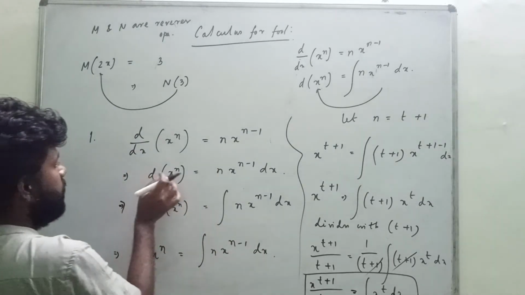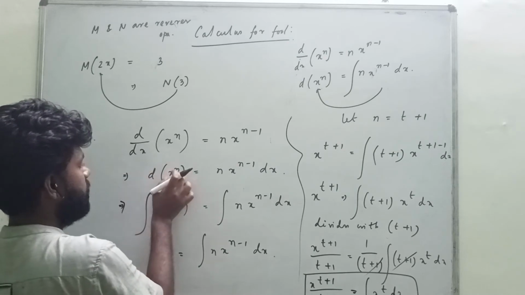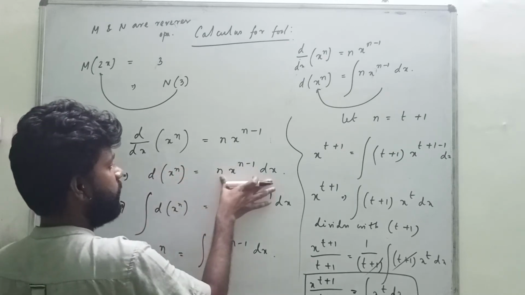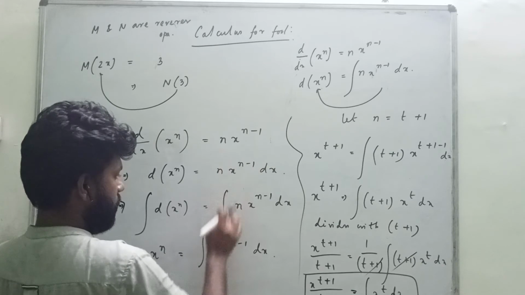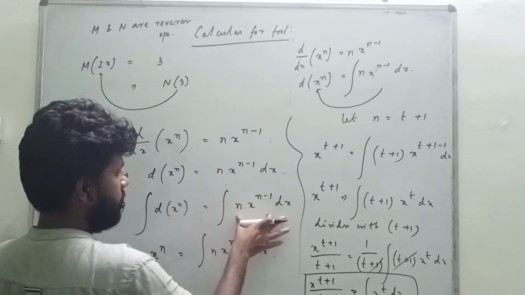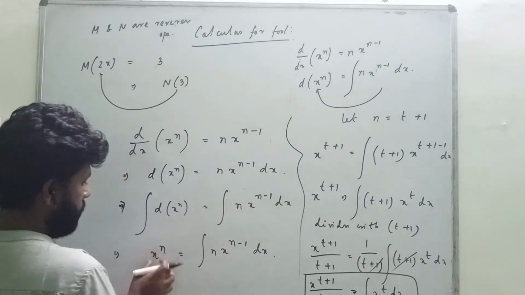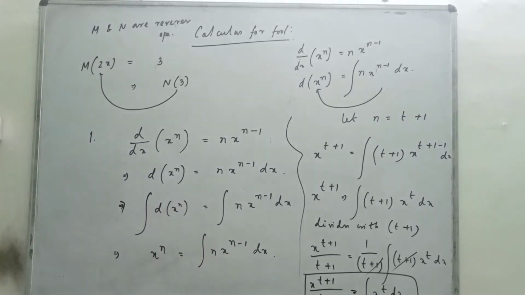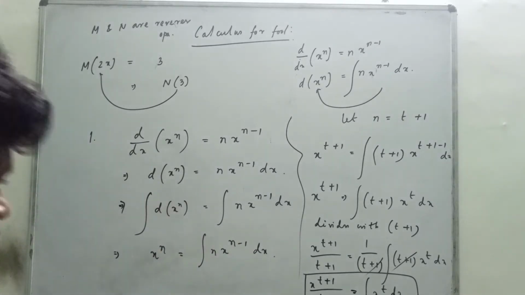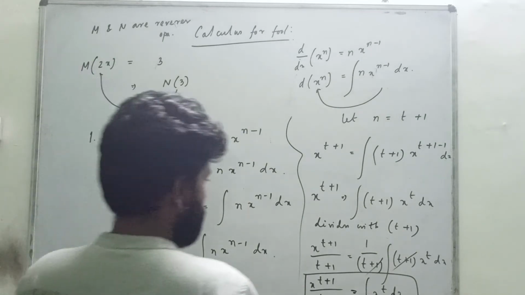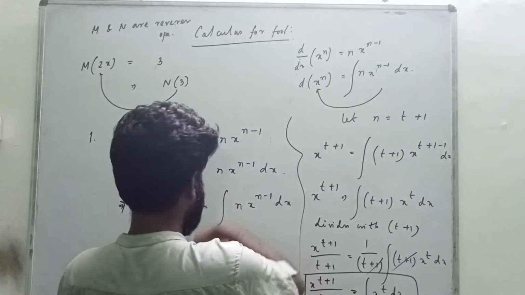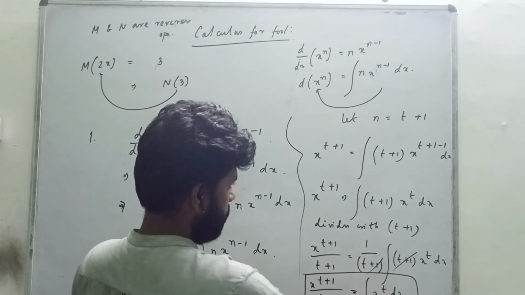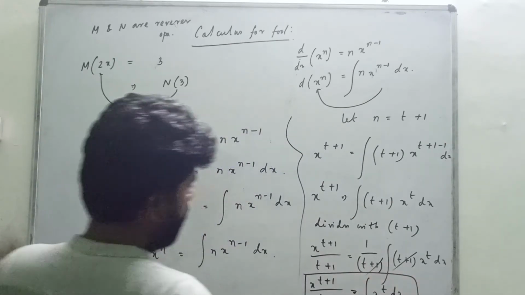That means if d operates on x^n and gives these values, then the integral or sum of this thing will give x^n. Now I will proceed with the further formula.